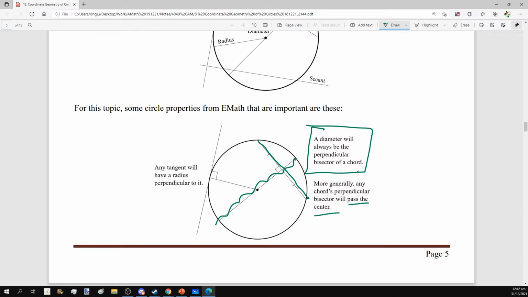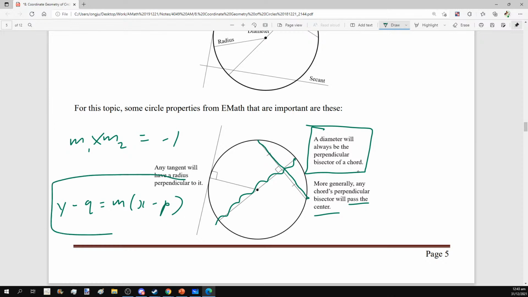Now this is very important because if you just came from my previous video, you will remember we learned how to find a perpendicular bisector. Step 1, midpoint theorem by using the average of the x coordinate and the average of the y coordinate. Step 2, because perpendicular lines have their gradients multiplied to give you -1, we can find the gradient of the perpendicular bisector. Step 3, use the gradient and the point and do y minus y coordinate equals gradient, open bracket x minus x coordinate.